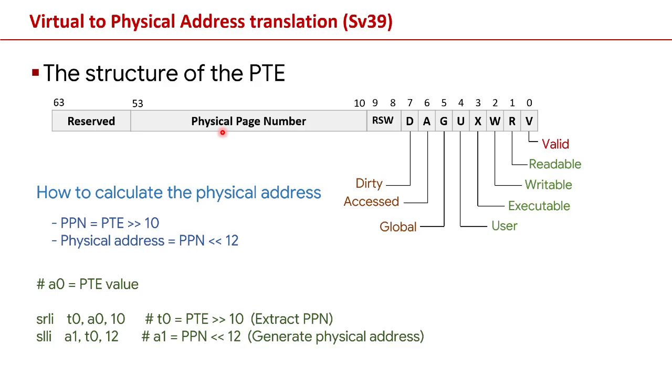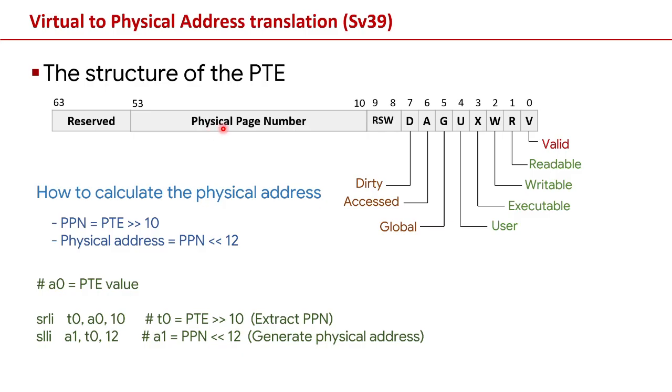In order to have this page number, the first thing we have to do is to perform a right bit shift operation by 10-bit positions. If we perform the right bit shift operation over the page table entry by 10-bit positions, we can have the physical page number.